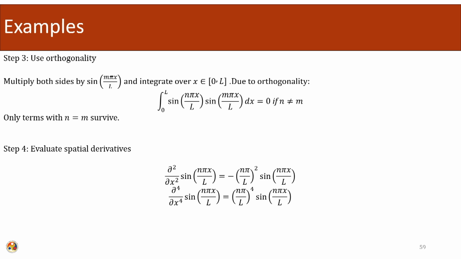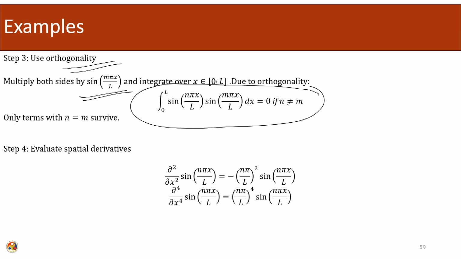After that, by using orthogonality, if we multiply both sides by sin(nπx/L) and integrate over the entire span, due to the orthogonality, the non-orthogonal terms will go to 0. Only the term with n equal to m will survive. Only the orthogonal terms will survive.